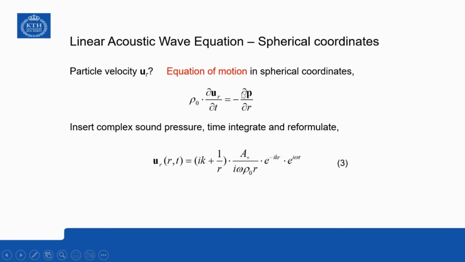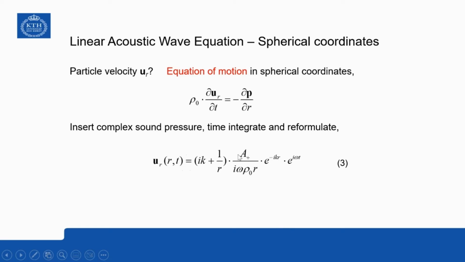And then if we take the partial derivative with respect to r, we obtain this expression for the particle velocity as a function of the distance r and time t.